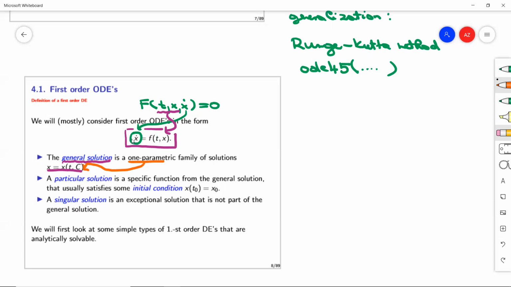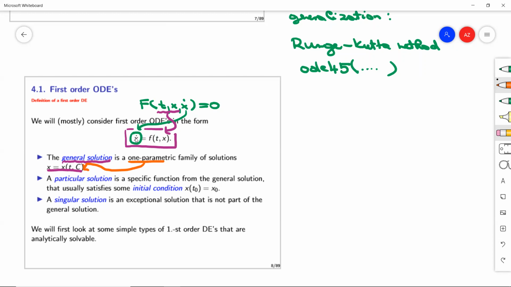And you can also see, if we had a second derivative here, then we would integrate twice and we would get 2 constants. So the solution would be a 2-parametric family. So in general, if we have an nth order differential equation, then the solution is an n-parametric family. For each indefinite integral you take, you get 1 additional constant.